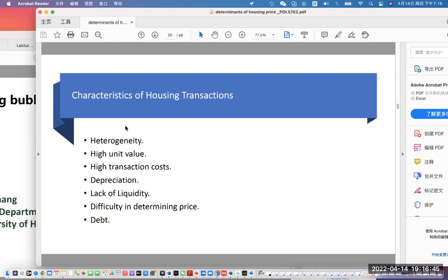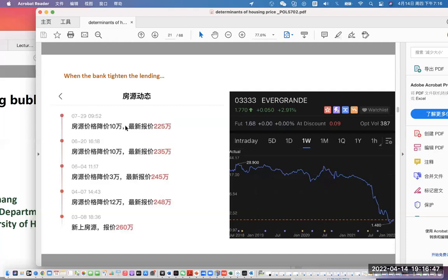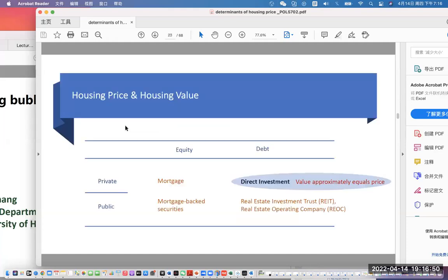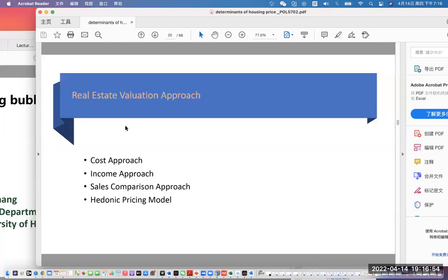And last but not least is debt. And then here introduced the housing price and housing value, and the valuation methods: the cost approach, income approach, sales comparison approach, and last but not least, the hedonic pricing model.